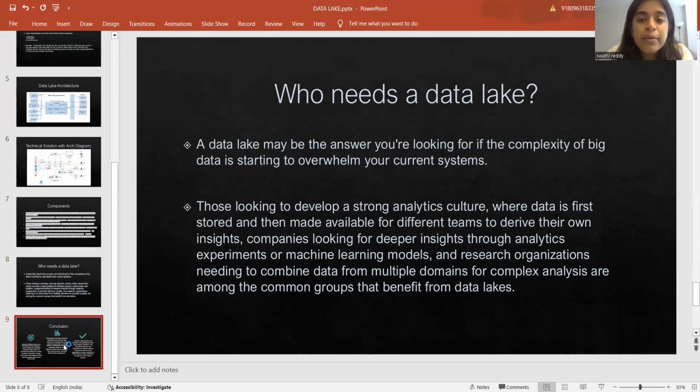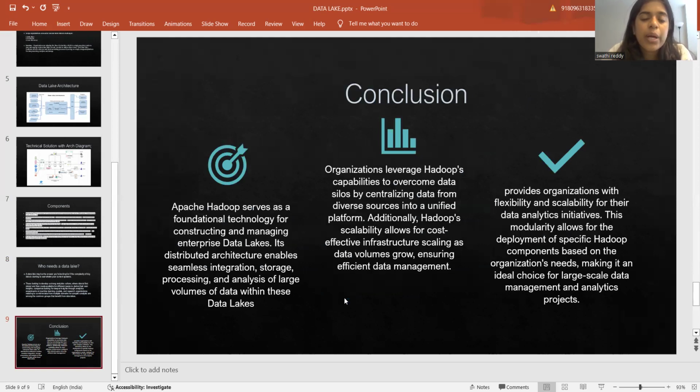Coming to the conclusion, the last slide. As I've mentioned, we have three encounters of how big organizations face their problems. I think Apache Hadoop serves as a foundational technology for constructing and managing enterprise data lakes. Its distributed architecture enables seamless integration, storage, processing, and analysis of different volumes of data.